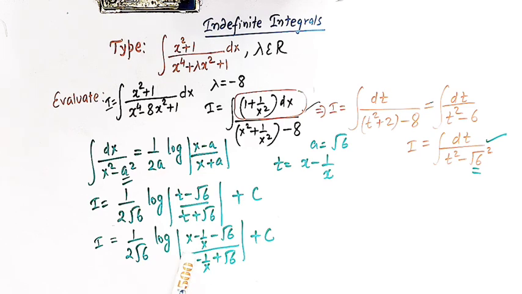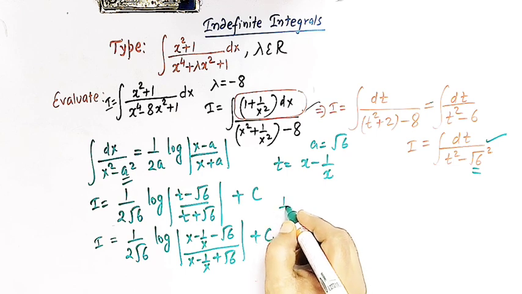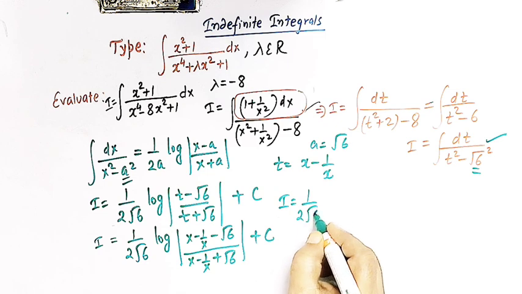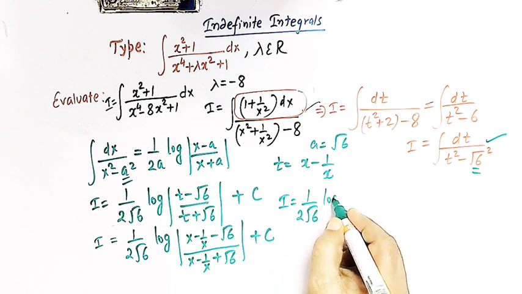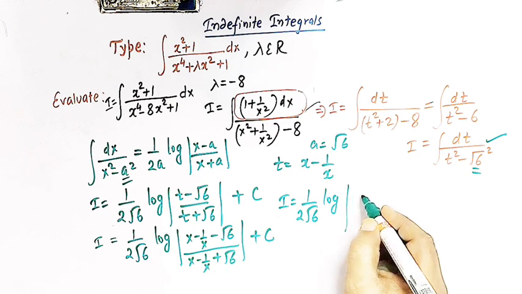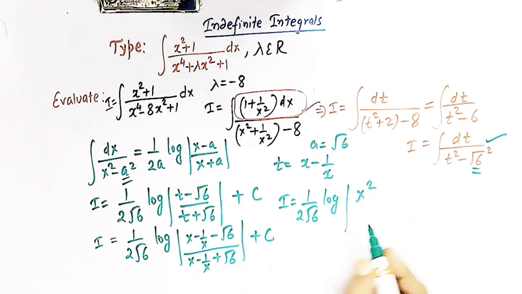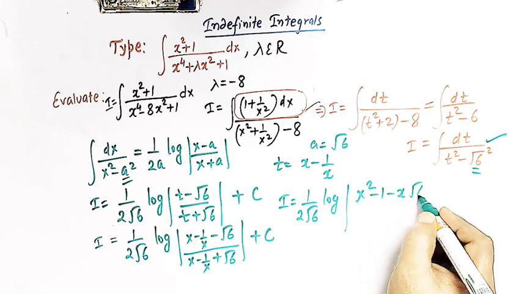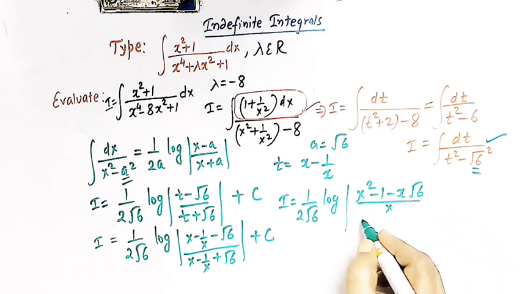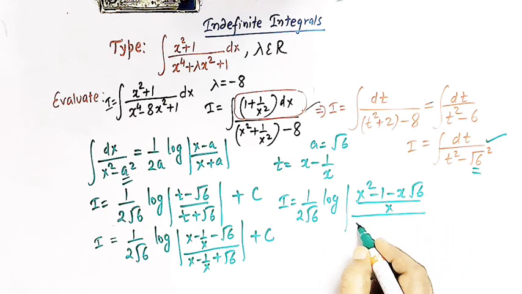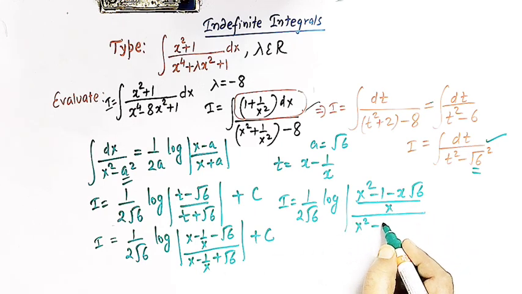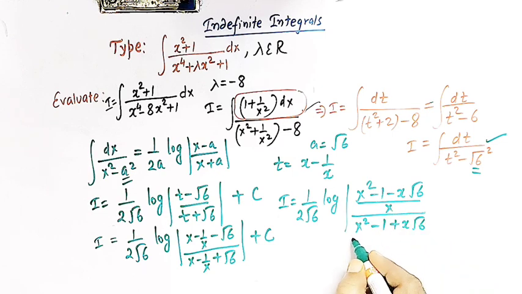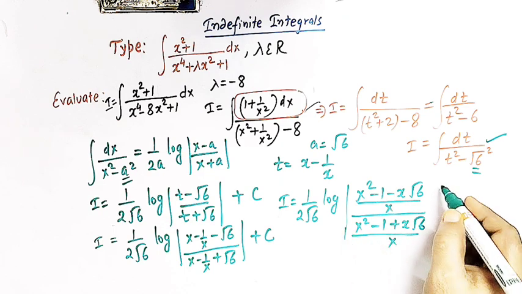Now simplifying the numerator and denominator, we can now write I is equal to 1 over 2 times square root of 6, and here we have log of (x square minus 1 minus x root 6) divided by x, and then here we have (x square minus 1 plus x root 6) over x, right?